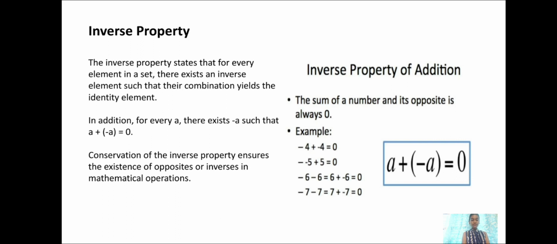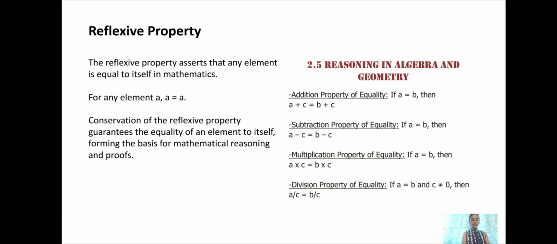Reflexive property. The reflexive property asserts that any element is equal to itself in mathematics. This forms the basis of mathematical reasoning and proofs in algebra and geometry. Symmetric property.